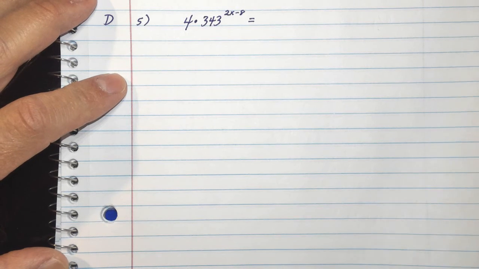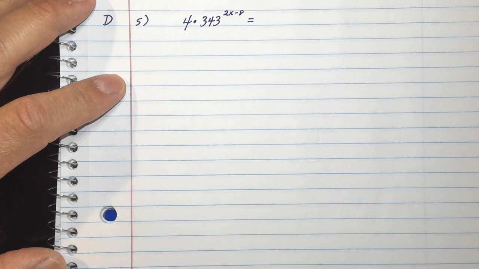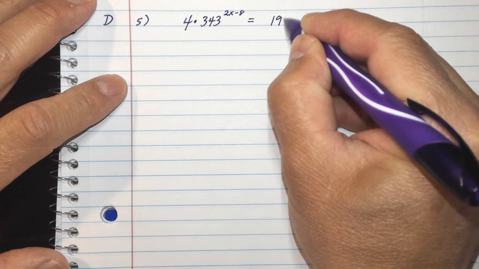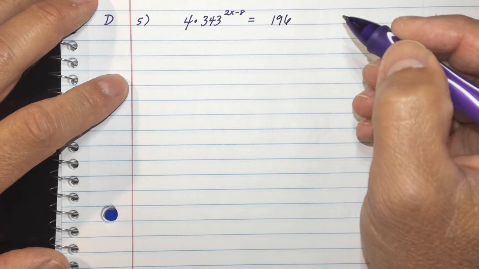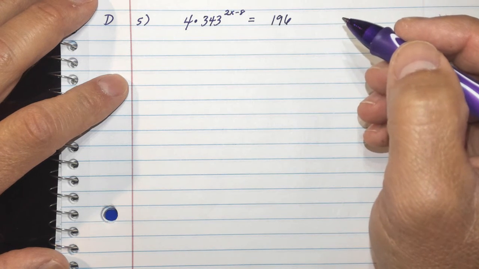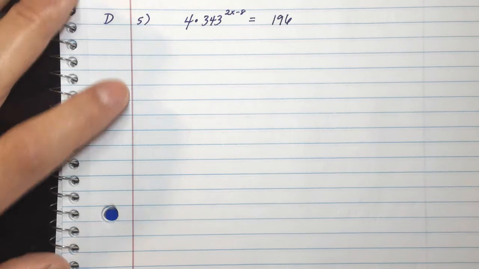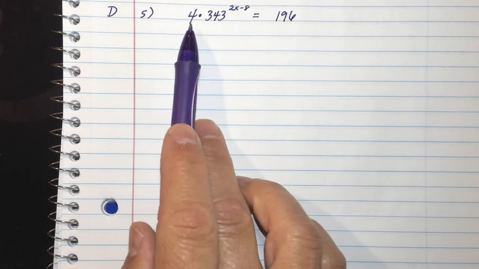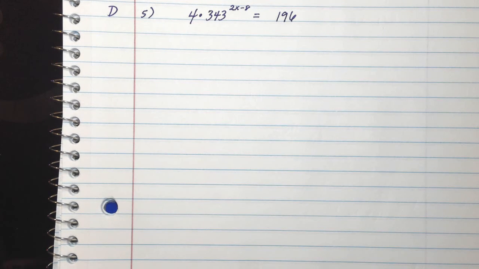Sorry, doing some calculations. Are you ready? Yep, here we go. So now there's steps, right? First step, let's get rid of that multiplying by 4. How do you do that? You do that by dividing by 4.